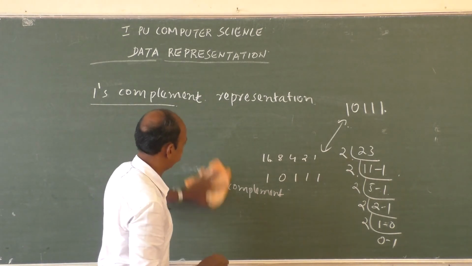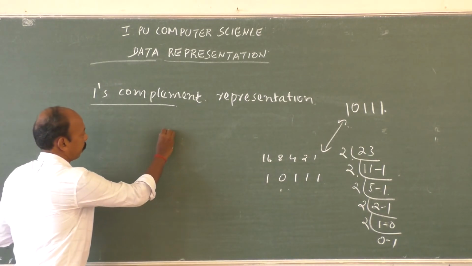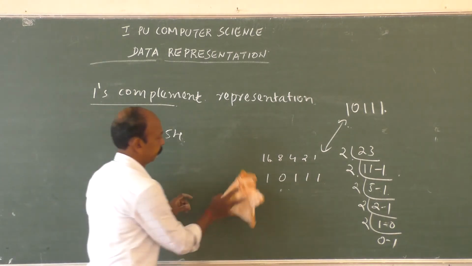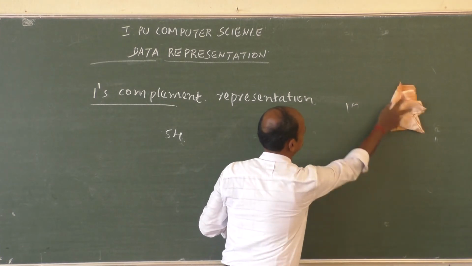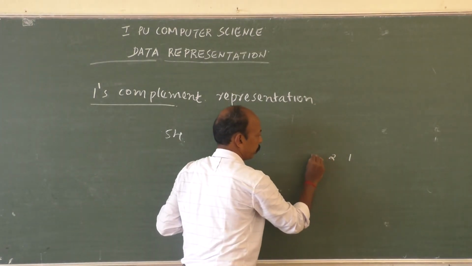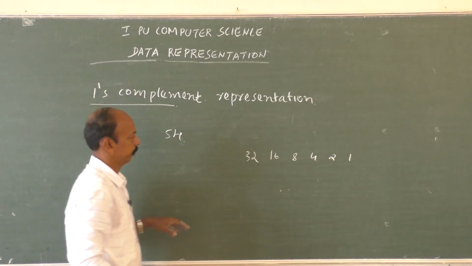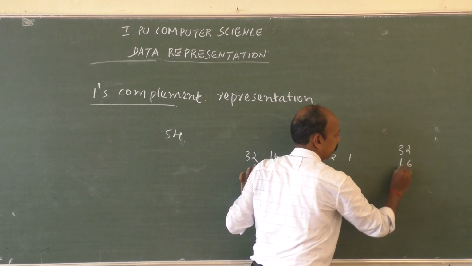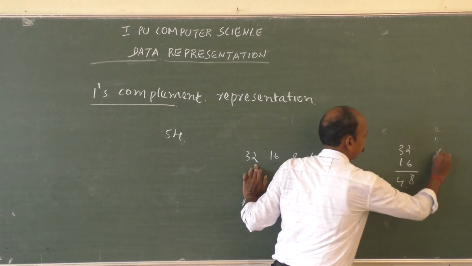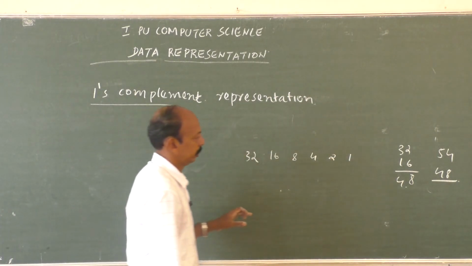One more simple example we shall take. Sum 54. 1, 2, 4, 8, 16, 32. 32 and 16, 8, 48. 54 minus 48, 6.